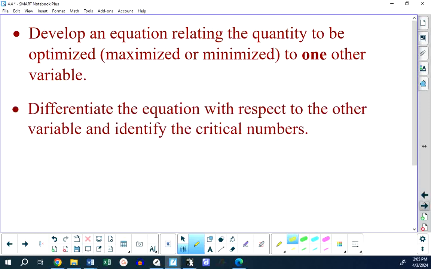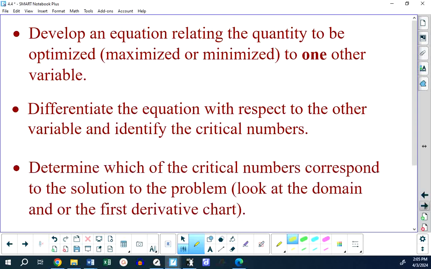So you determine the critical numbers, and then you have to determine which of the critical numbers correspond to the solution. And I've got in brackets, look at the domain and/or the first derivative chart. At least 9 times out of 10, when you look at the domain and you start getting rid of the critical numbers that are not in the domain, most of the time you're left with one critical number.